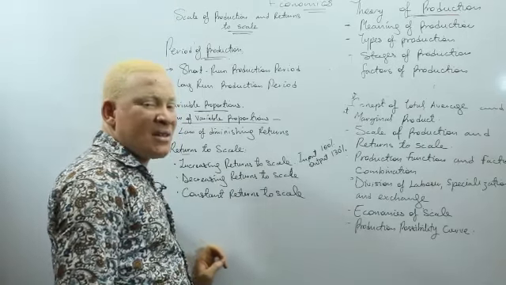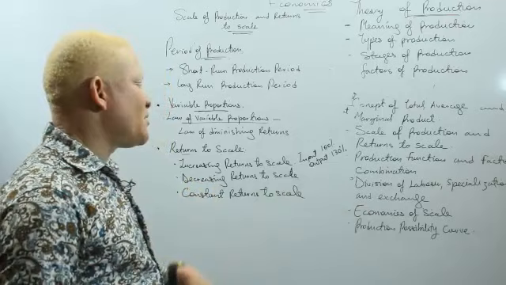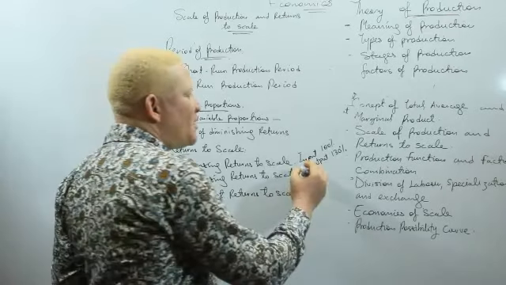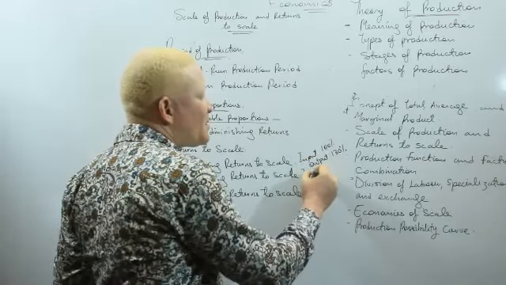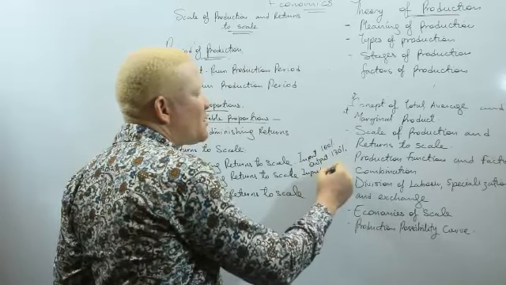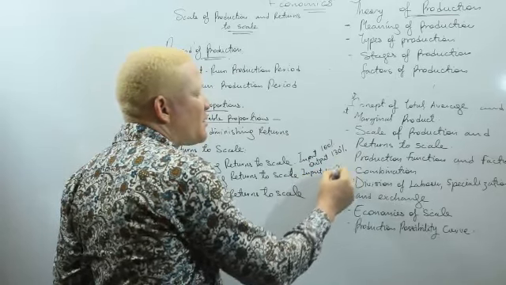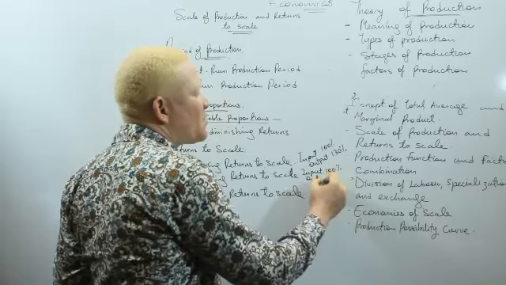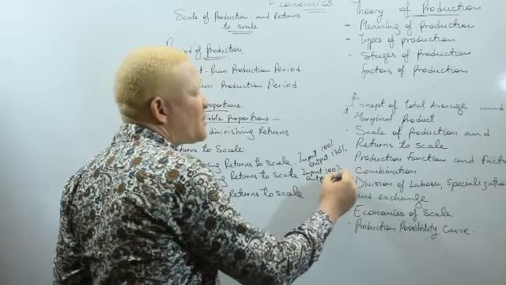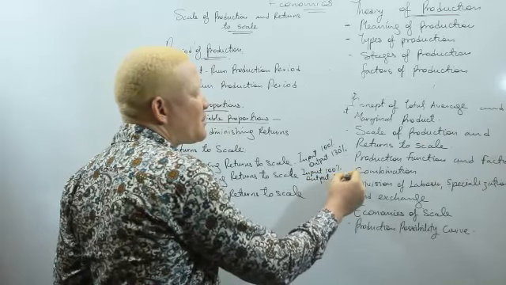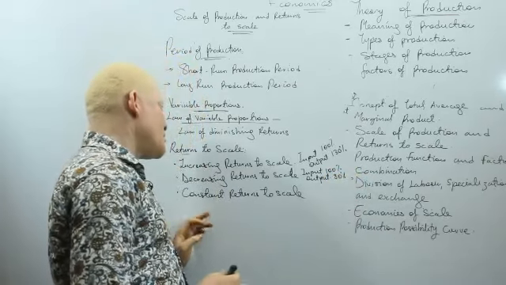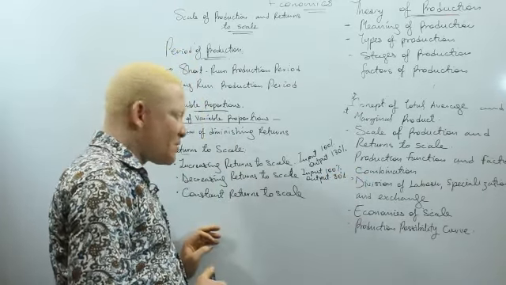But the reverse is the case when we have decreasing or diminishing returns to scale, meaning that input increases 100%, while output increases with something less than 100%, say 80%. Then we are talking about decreasing returns to scale.